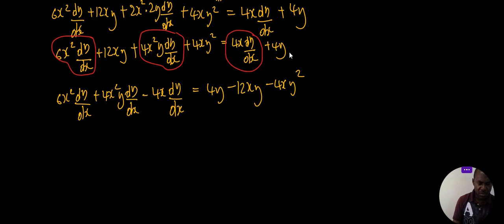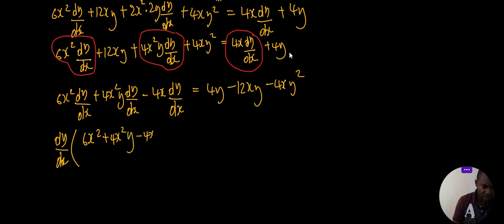Now from the first three terms, you can factor out dy by dx. So we get dy by dx, open bracket, 6x squared plus 4x squared y minus 4x, and this is equal to 4y minus 12xy minus 4xy squared.